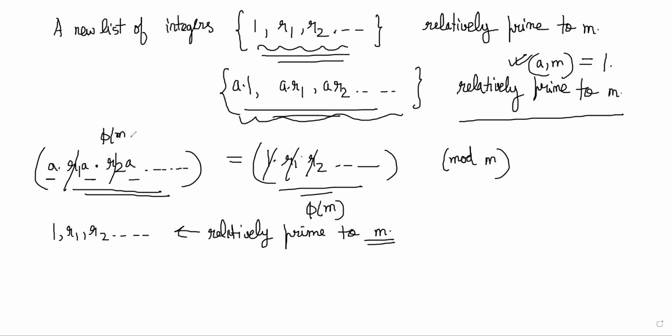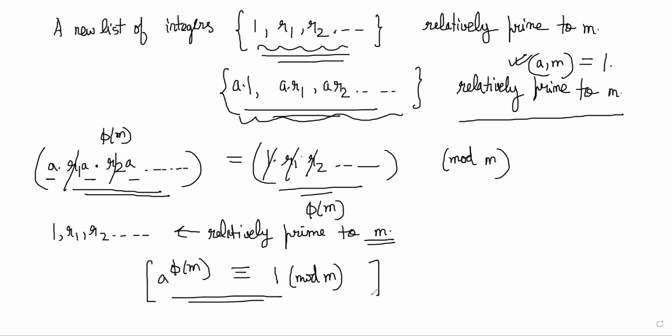Phi of m such numbers. So we get a^phi(m) is congruent to 1 mod m, right? So this is true for all a and m that are relatively prime to each other, and that is known as Euler's theorem.